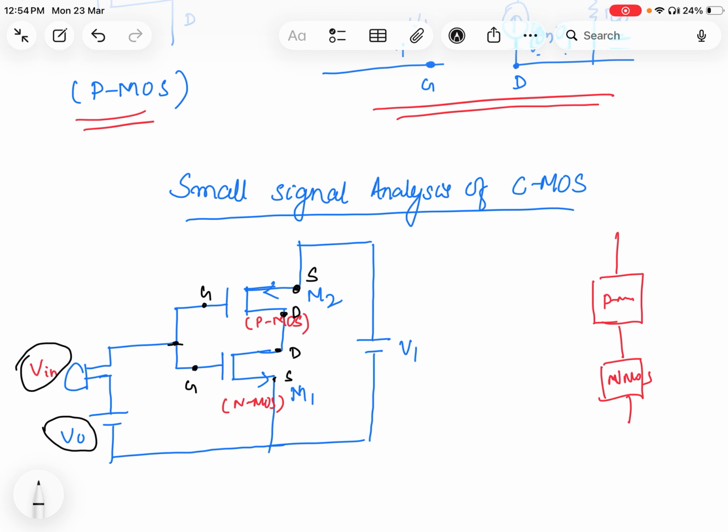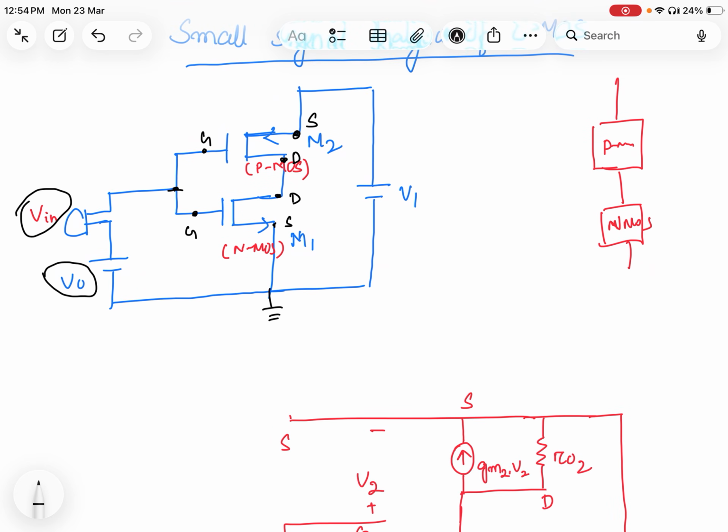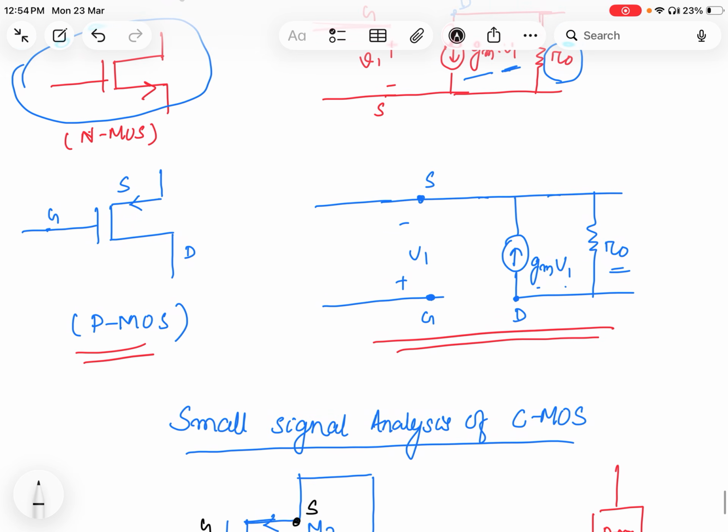The NMOS is connected to ground, and the source of the PMOS is connected to the supply V1. Now if I want to draw its small signal model, we need to consider these two diagrams, for NMOS and for PMOS. We need to remember these two diagrams.